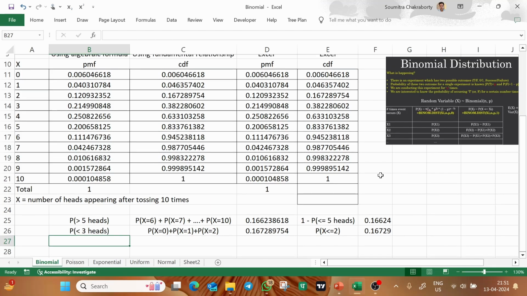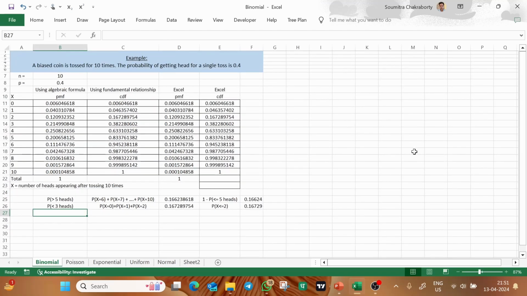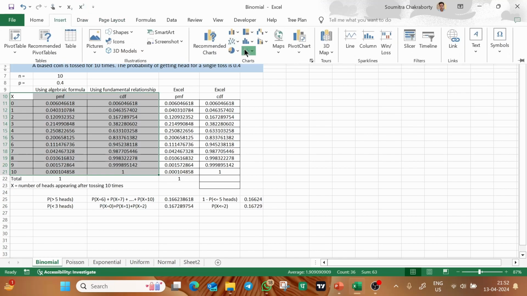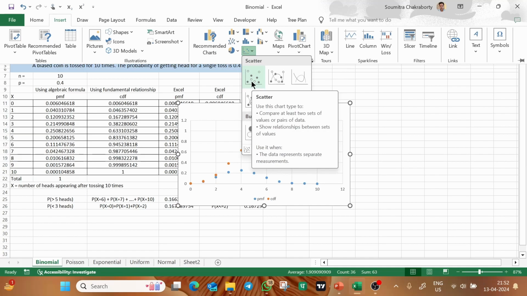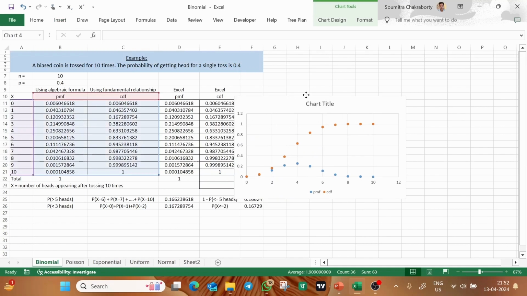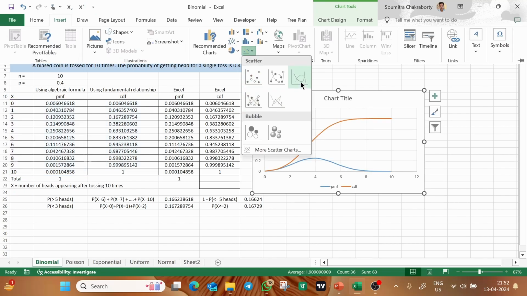And the last thing you should also know is the nature of the plot for the binomial distribution. So for that you can select this data and go to insert scatter plot. Always use this particular option, dot plots. Do not use this type of option. Why?